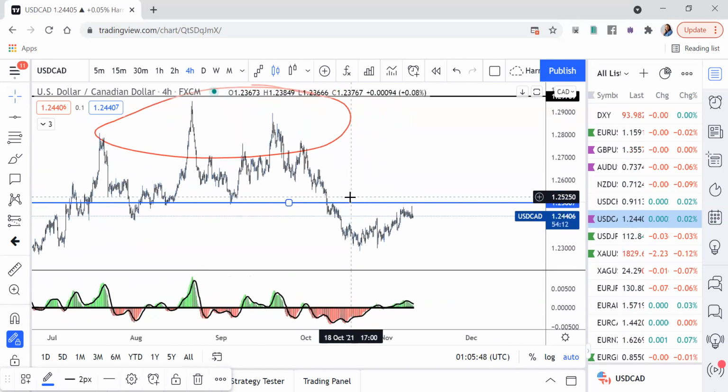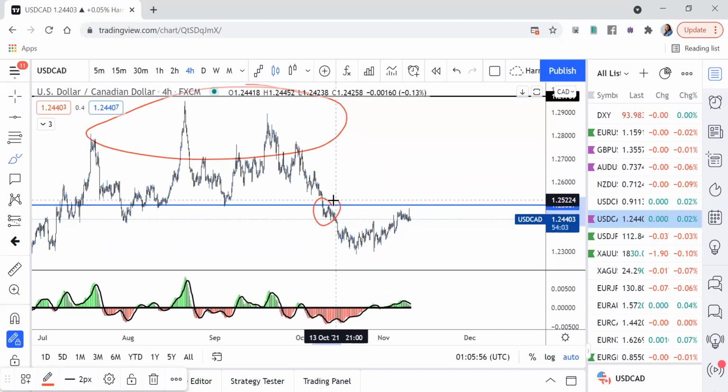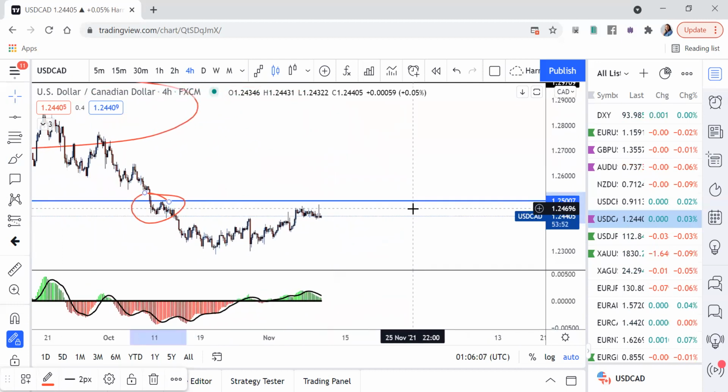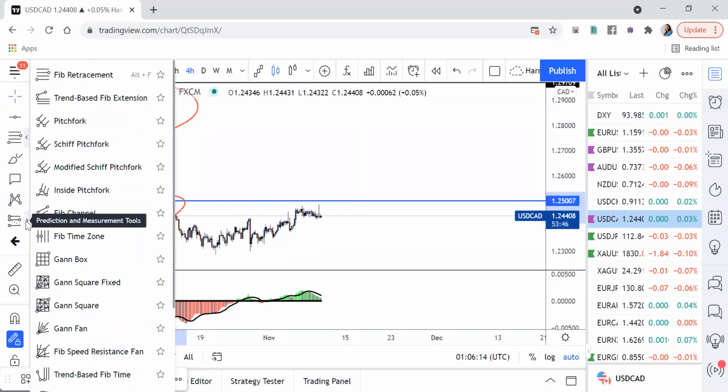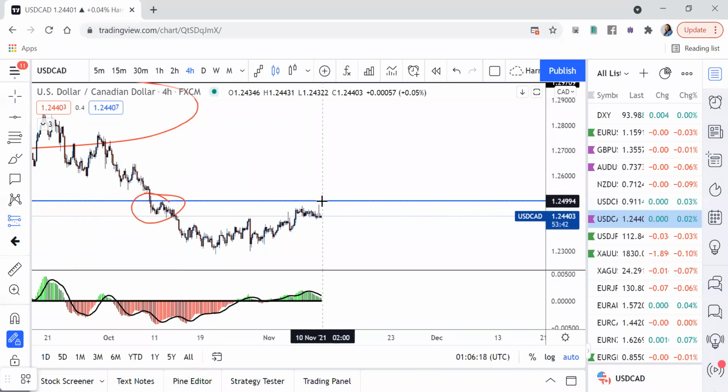So this is structure. We had the break on the 4-hour time frame structure, right? And we are now in the retest mode, right? It's now time for the retest. So what am I looking for? I'm actually looking for my sell continuation here.